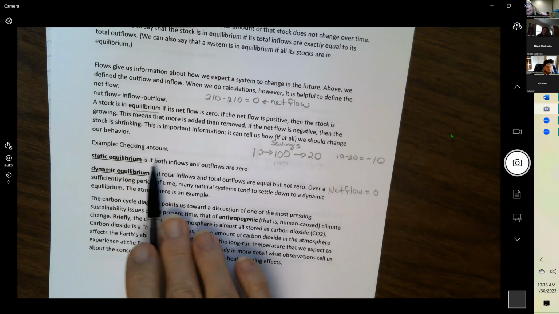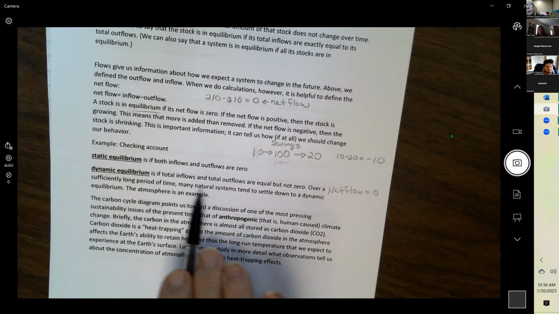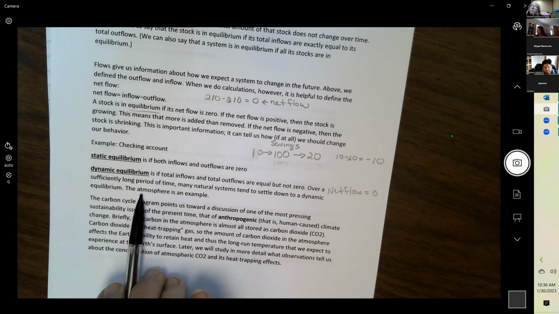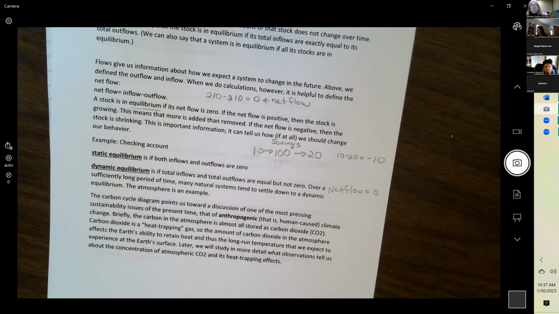So in the static one, coming in and out is zero. Here, your net flow is zero. That's a dynamic equilibrium. It's able to stay equal over time. Now, without humans, that's our atmosphere. But we change that a lot. Any questions on that?